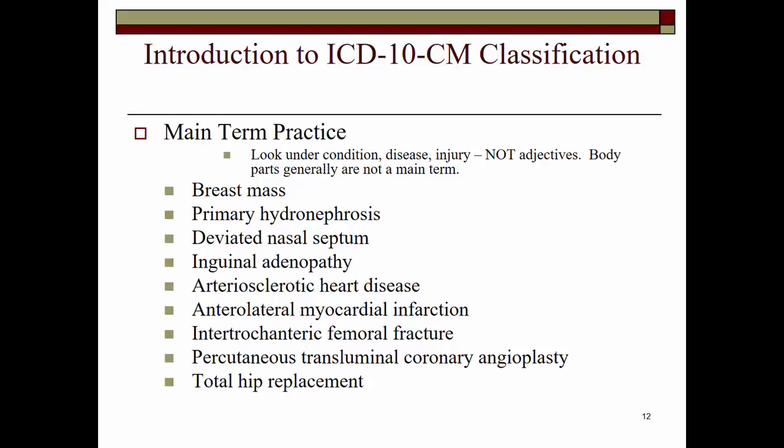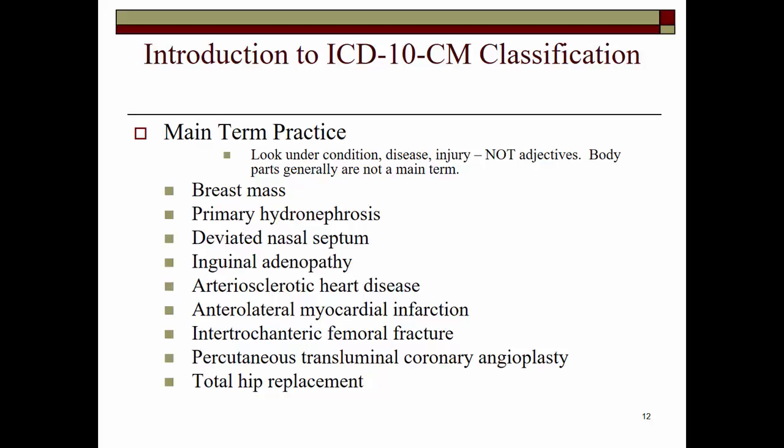Where is that fracture? It's located in the femur as your first subterm, and then where in the femur? There is the shaft, the upper end, the lower end. This happens to be in the intratrochanteric area of the femur. So fracture main term, femur first subterm, intratrochanteric subterm under femur or femoral.